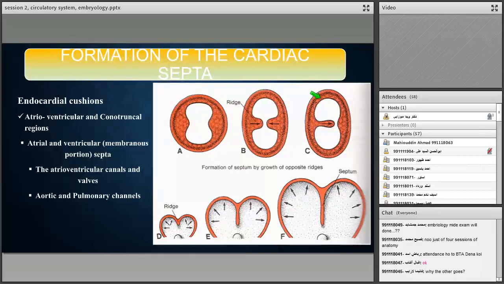So, we call these growing masses the endocardial cushions. These endocardial cushions are forming in the matrix of the cell. Their formation depends on the synthesis and deposition of the extracellular matrix.